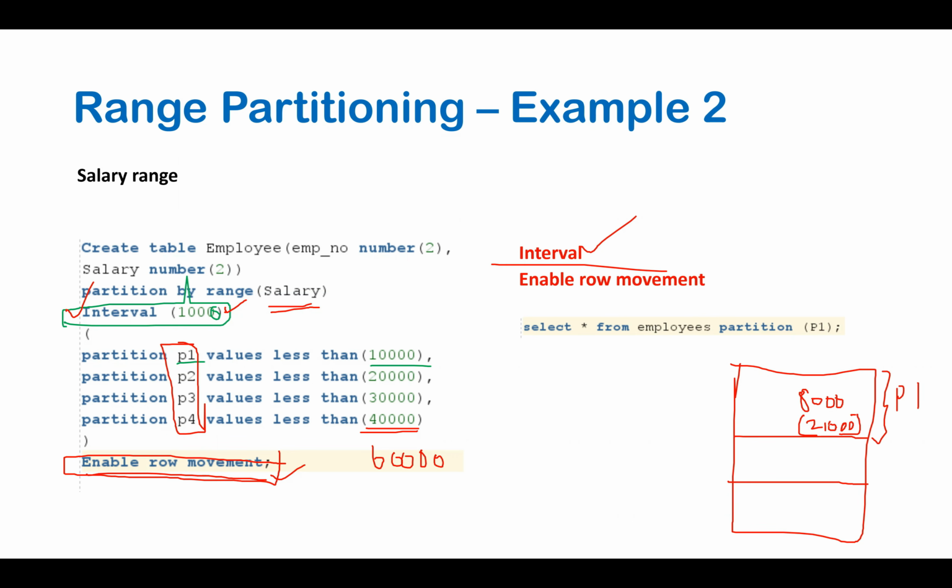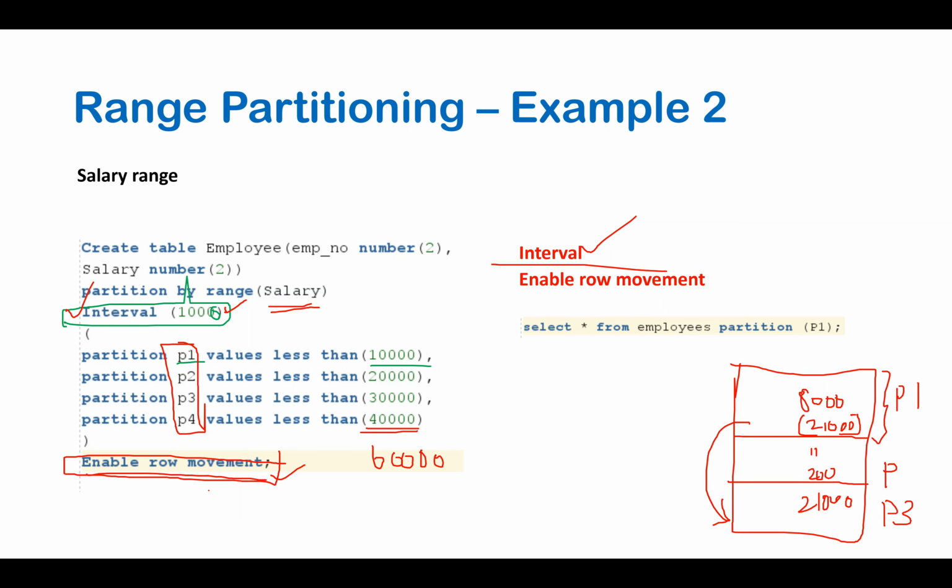That means it is wrongly in the P1 partition. Where should it be? It should be in P3, right? P2 is 11,000 to 20,000, up to there. So 21,000 should be in P3. So whenever you update any record, if it should move to another partition, then you have to mention enable row movement. Clear?